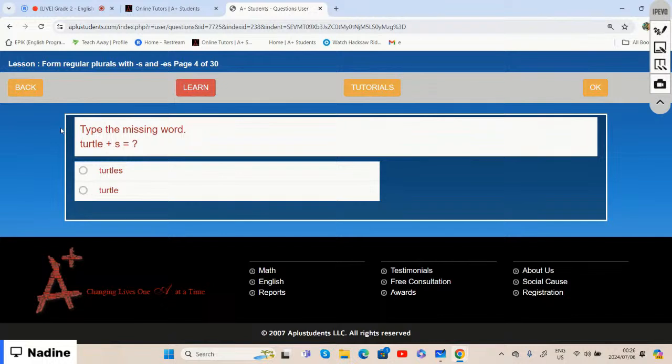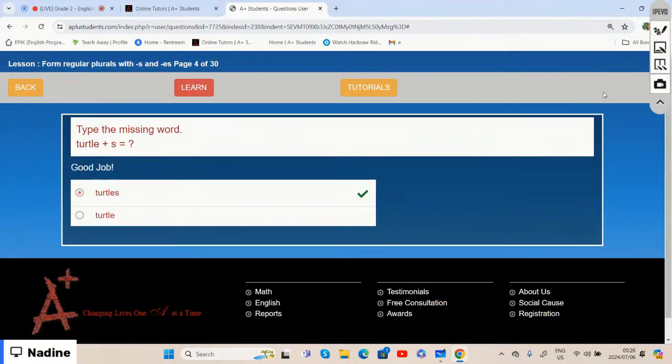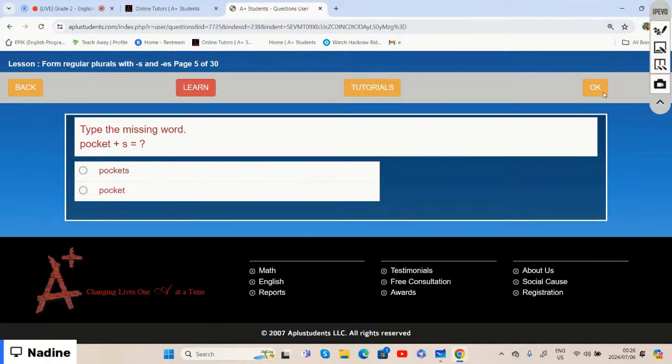All right, and if we were to select the correct option, then we would say turtle plus S is turtles because we're referring to it as more than one turtle. So well done. More than one turtle is correct, which is turtles.